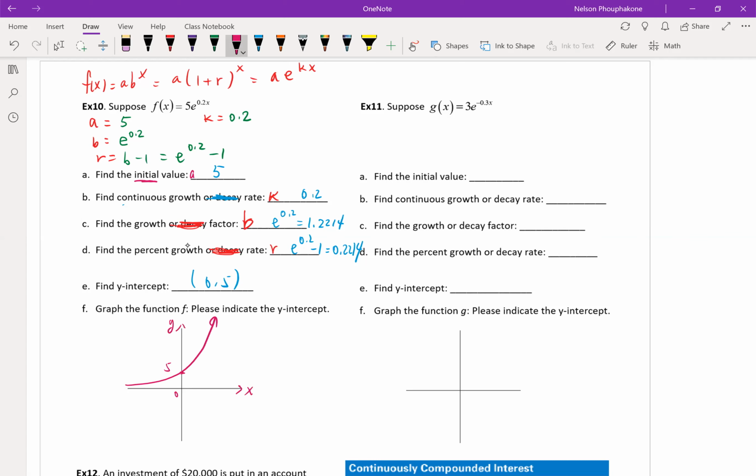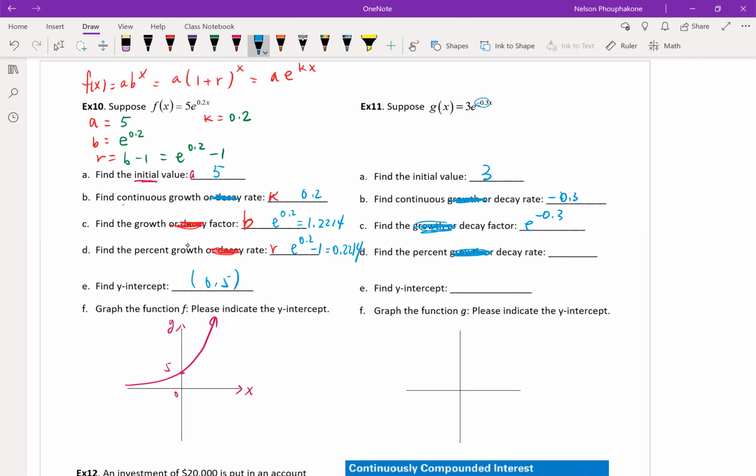Okay, so now it is your turn to work on the next one. My initial value is 3. And in this case, my k value is negative, meaning it will be decay. So the continuous decay rate will be negative 0.3, and the decay factor will be e to the negative 0.3.